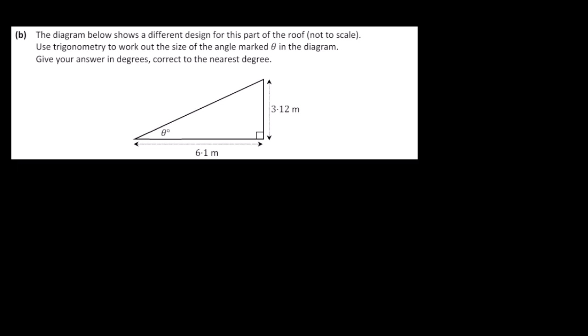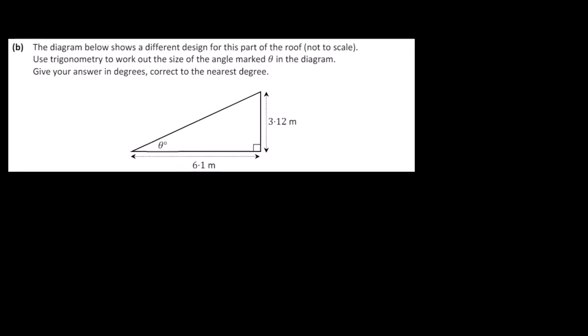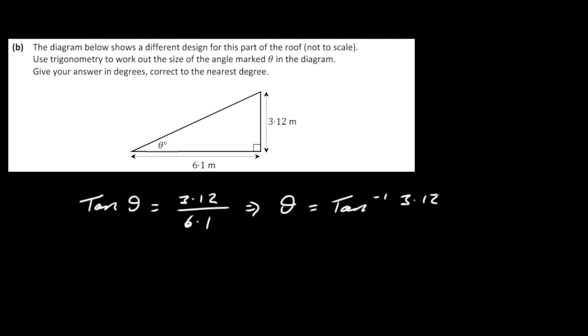So theta is going to be, in this case, the tan inverse. We're going to use tan here because we have the opposite and we have the adjacent. So tan of theta is equal to 3.12 over 6.1. That just means that theta is going to be the tan inverse of 3.12 over 6.1.